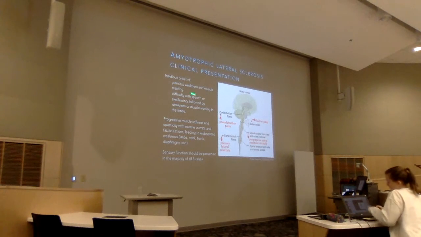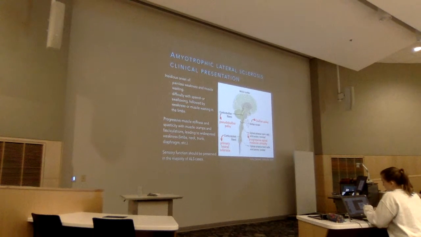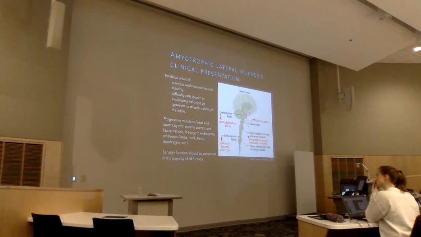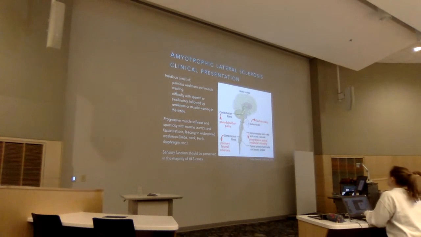It could also start as just difficulty with speech, swallowing, and then spread to the limbs. This would be our bulbar or pseudo-bulbar palsy. In bulbar palsy, it's the actual death of the lower motor neurons in the brainstem. In pseudo-bulbar palsy, it's the death of the upper motor neurons that innervate the brainstem. So in both cases, you're affecting control of the face.